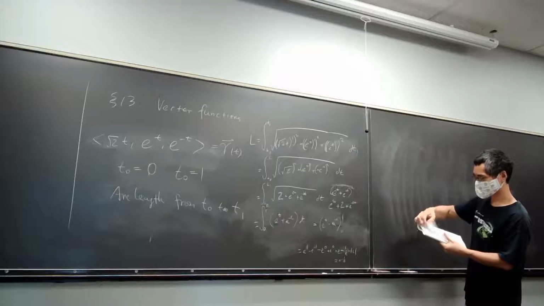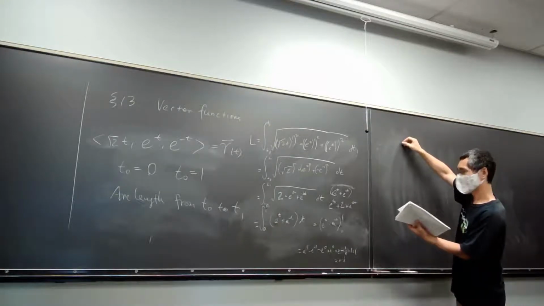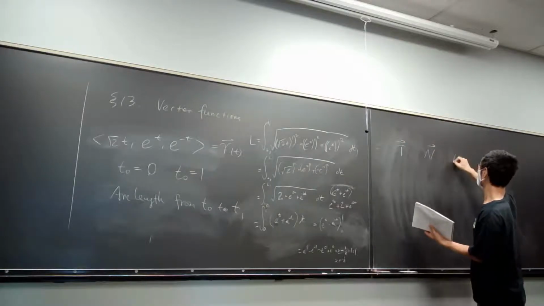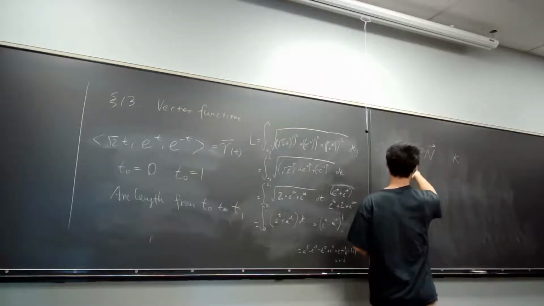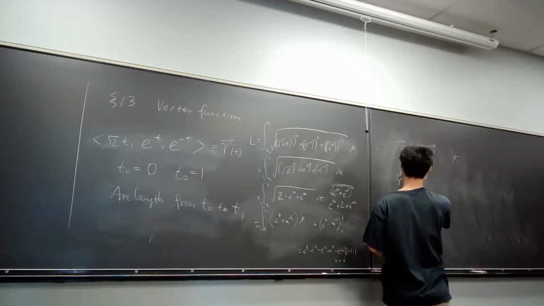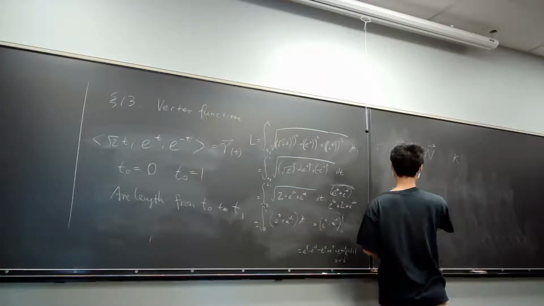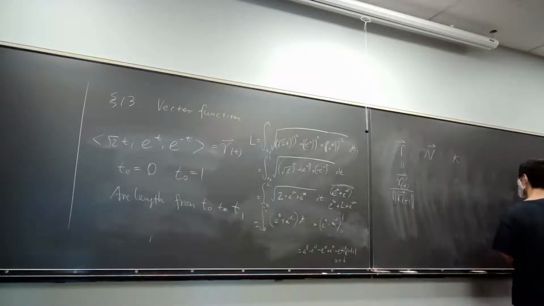Now let me go over a few more concepts: the tangent vector, the normal vector, and the curvature. By definition, T is R prime normalized. So you take a derivative, then divide by its own length.